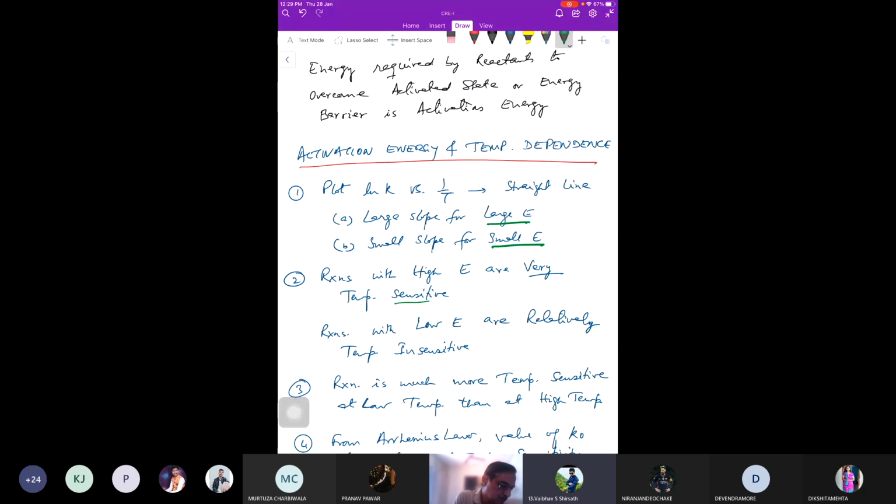It means that after changing the temperature a little, a big change comes. Because that is exponential, right? e raised to the power minus E by RT. If the value of E is high, then if you change the temperature by a few degrees, you see a significant effect on k. And if the value of E is low, then it is temperature insensitive. It doesn't make that much difference.